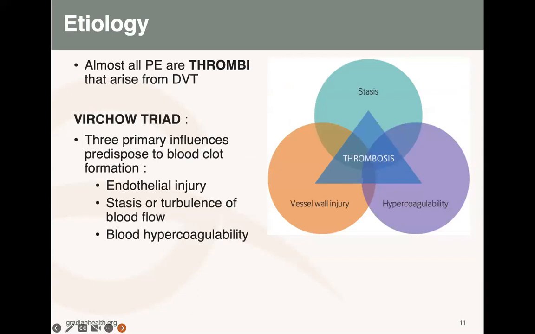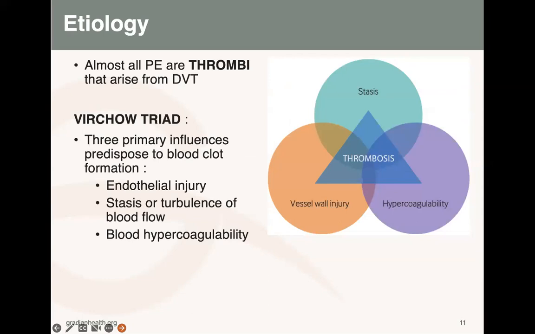Etiology. As I said, almost all pulmonary emboli are thrombi arising from deep vein thrombosis. And what causes this thrombi, or what causes the blood clot? From the Virchow's triad, just as the name says, triad means it's a group of 3 factors which cause a blood clot to develop within the deep veins.